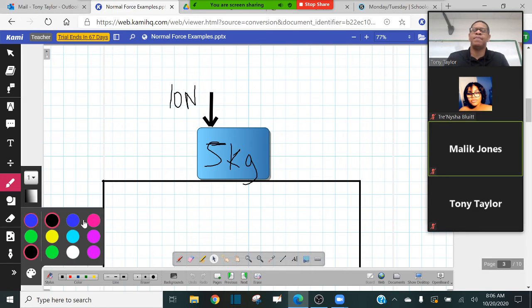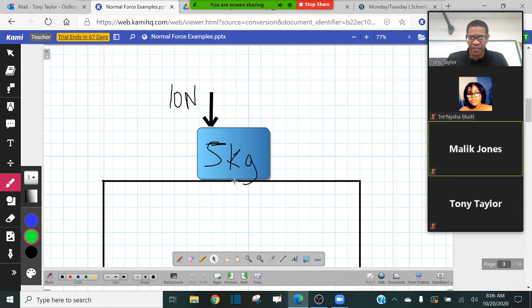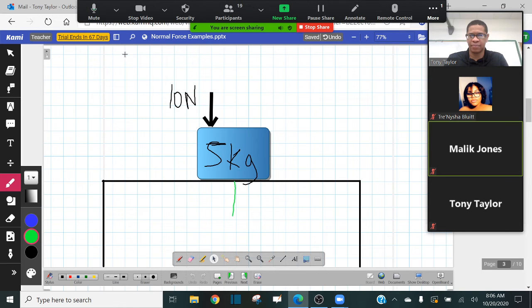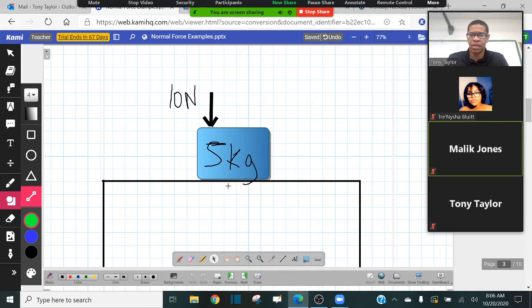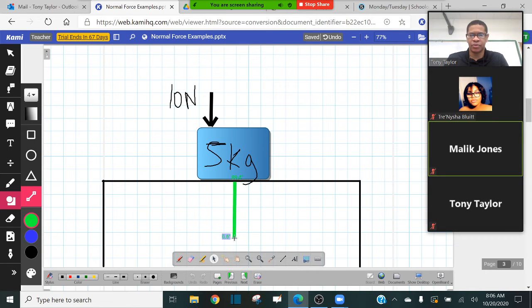In order to do that, let me draw the other two forces just to give you an idea. Obviously, there's gravity acting on this object, and gravity acts straight downward. And remember, guys, the equation for gravity is mass times 10.